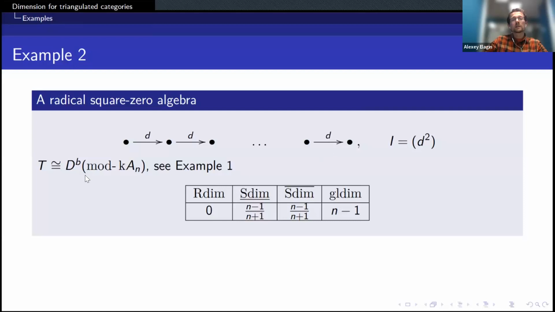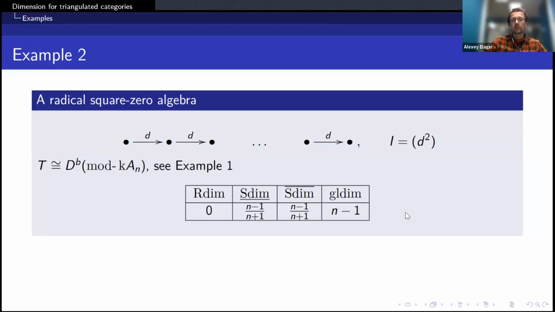It turns out that such a derived category of modules is equivalent to the derived category of modules over the path algebra in the same quiver, but without relations. So this category is equivalent to the category considered in the previous example, and we have the same values for Rouquier and Serre dimension. But compared to that example, the global dimension of our algebra is now big. It's n-1. So the bound of Serre dimension by the global dimension is not sharp at all, as we can see here.